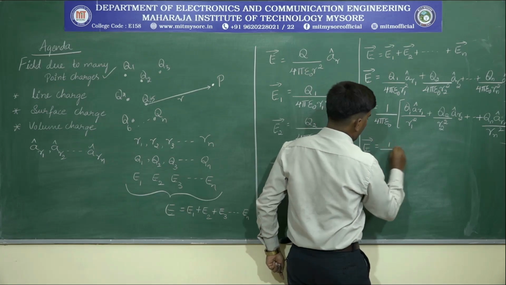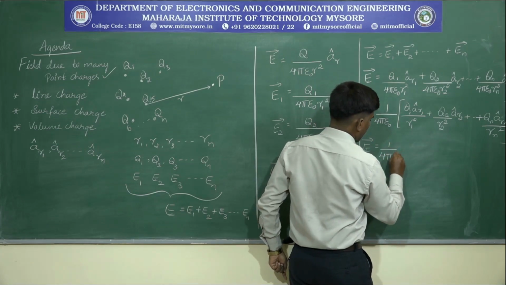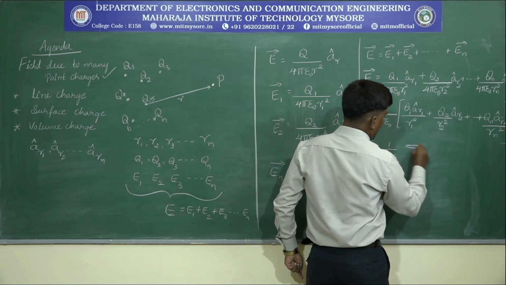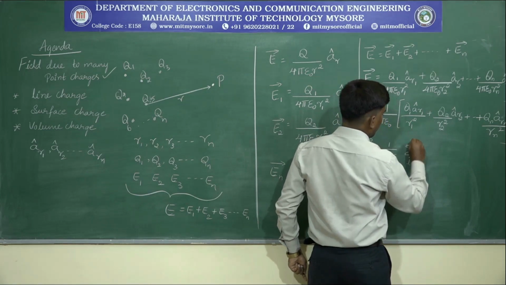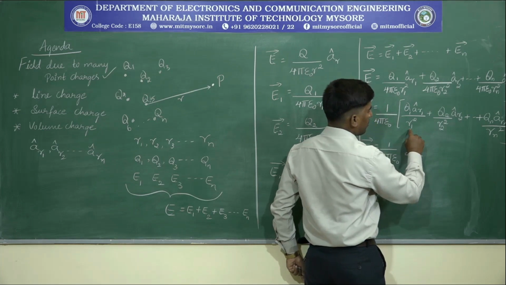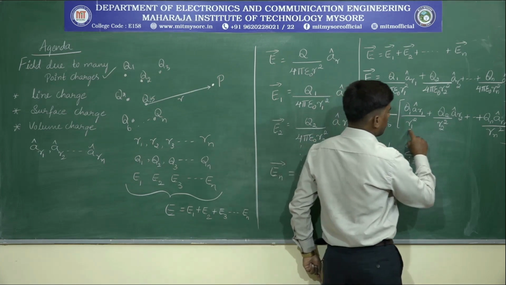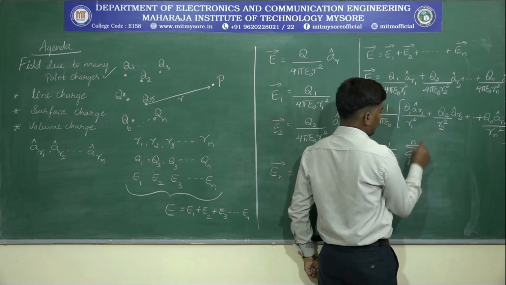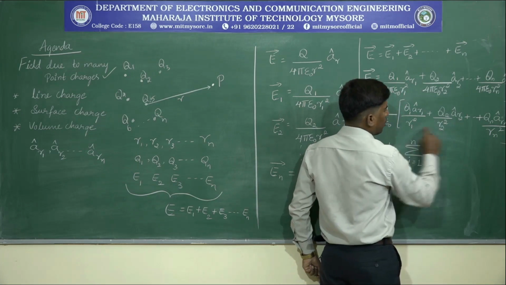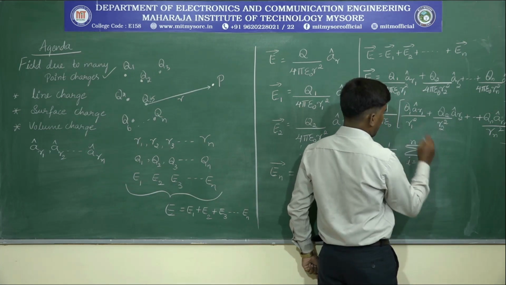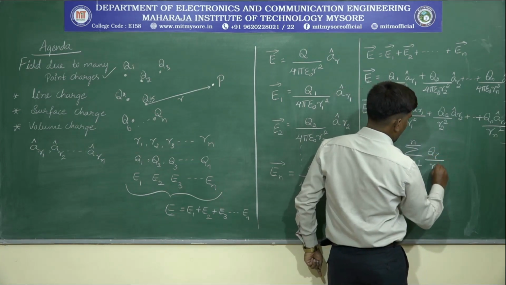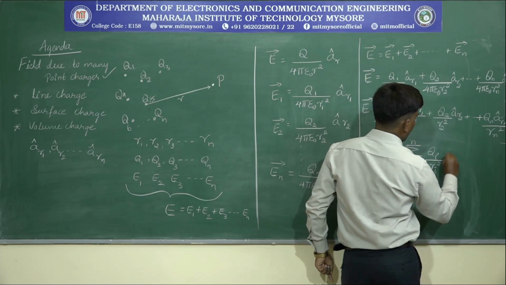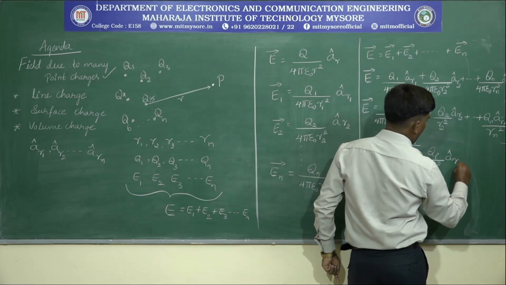Which is equal to 1 by 4 pi epsilon naught summation, i varies from 1 to n. If I use this summation to reduce this equation into a single form, i varies from 1 to n, Qi by Ri square into a cap Ri.